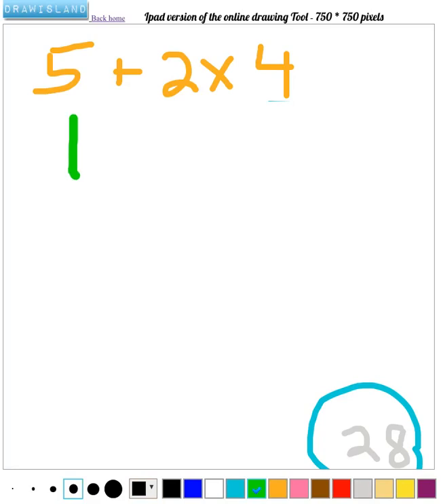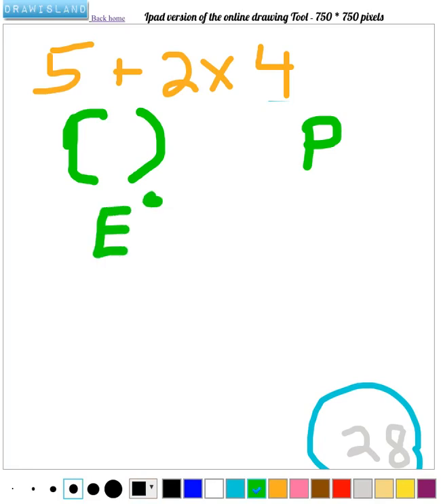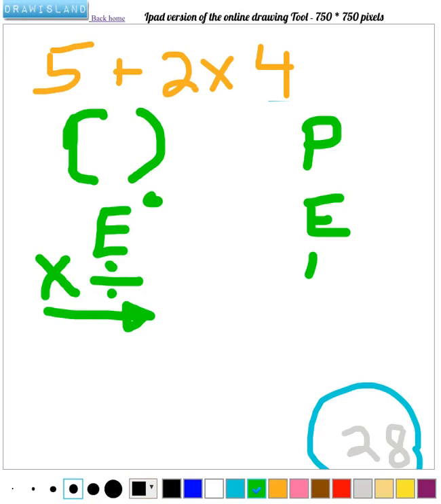Parentheses, so that's P. Exponents, that's E. Multiplication and division, you do it left to right, that's M and D. And then subtraction and addition, I'm very sorry, addition and subtraction, left to right.